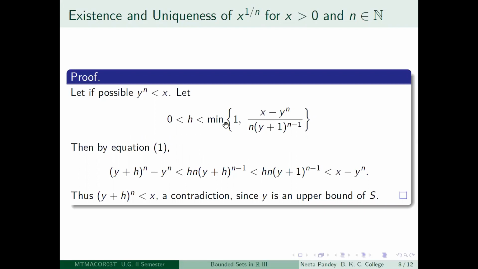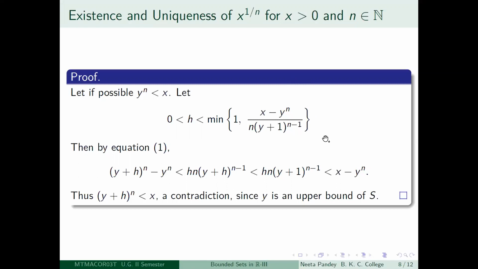Therefore, we wanted h to be less than 1 here, and again we want h to be less than something here. So you want h to be less than 1 as well as this. So look at these two numbers. Both of these numbers are what? Positive, because we have assumed that y to the power n is less than x. So x minus y to the power n is positive, and the denominator is positive because y was positive.